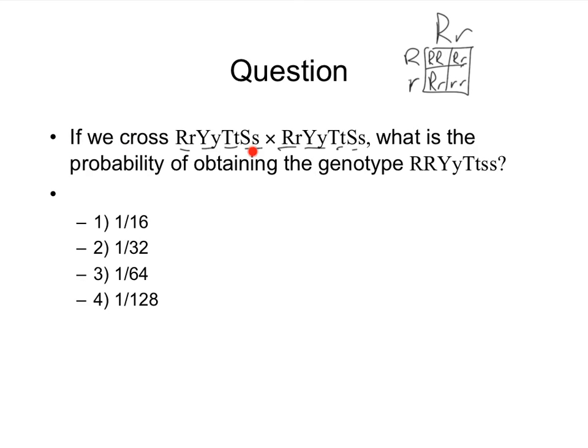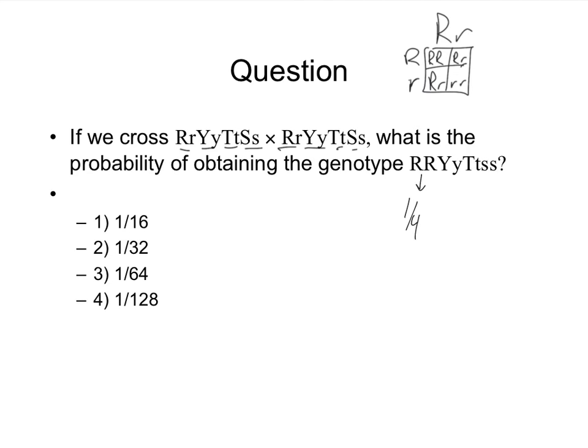If we cross this with this, what's the probability of obtaining a genotype that looks like this? Well, we have to find out the probability of getting each individual one. So what's the probability of getting the big R? Well, that would be 1/4, right?